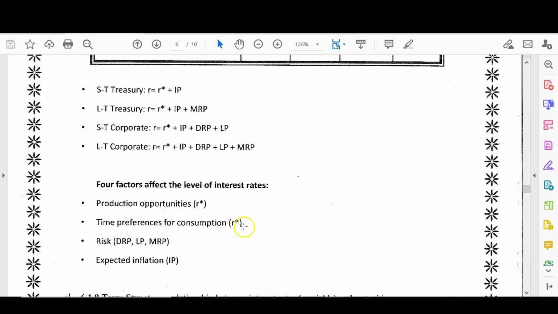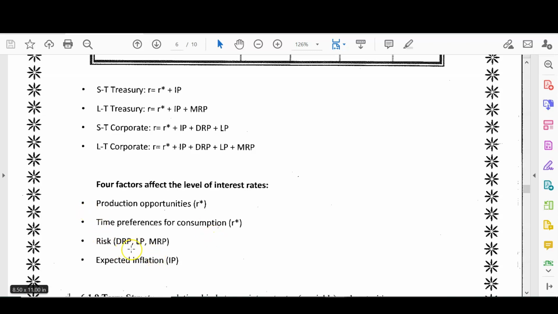It tells us that we require a certain interest rate for the bond because we could otherwise use this money to invest in other production projects and make profits, or we could use the money to consume. So we require the real risk-free rate even for riskless assets because we could use the money to do other things instead. It's an opportunity cost here.